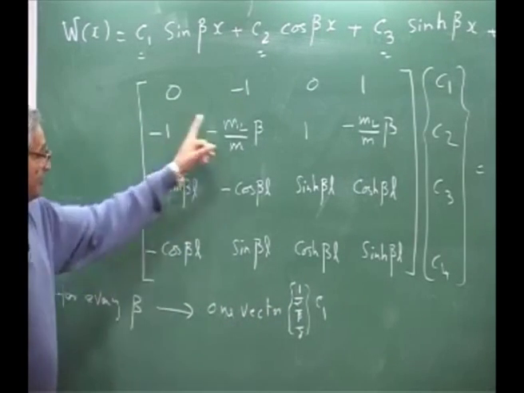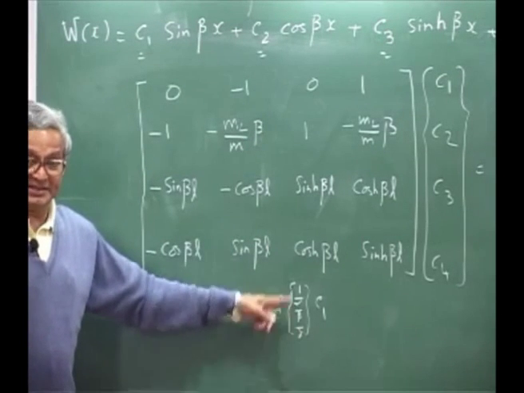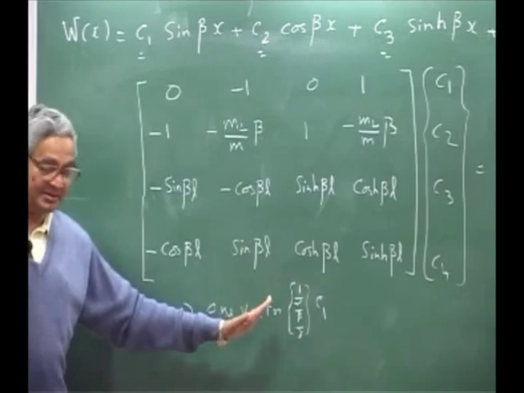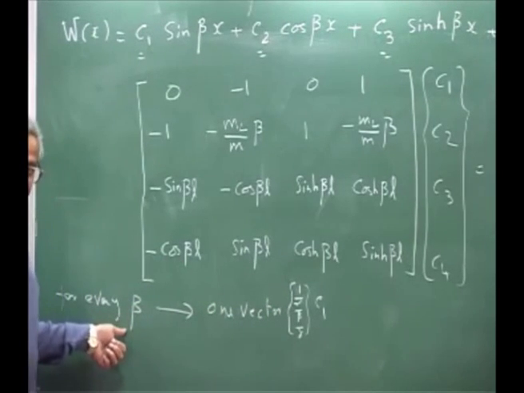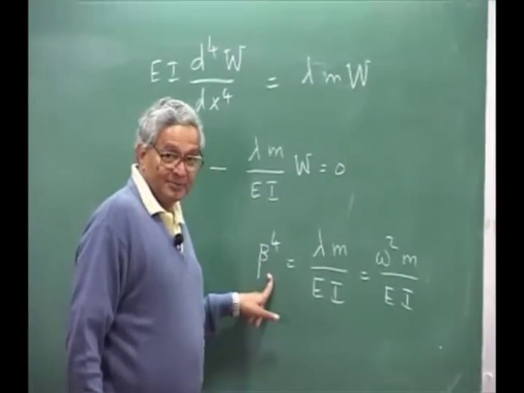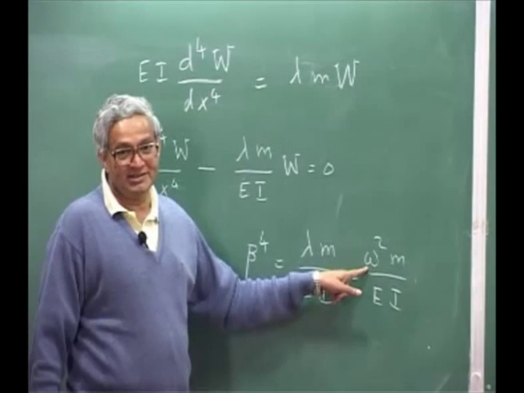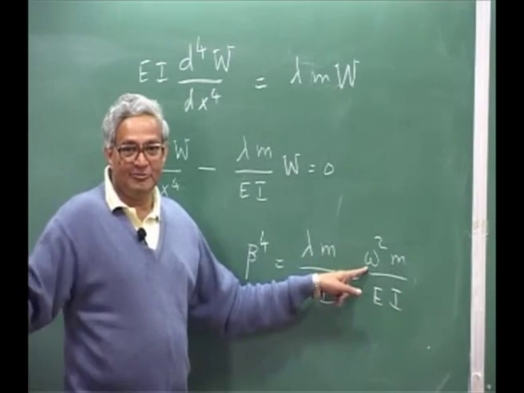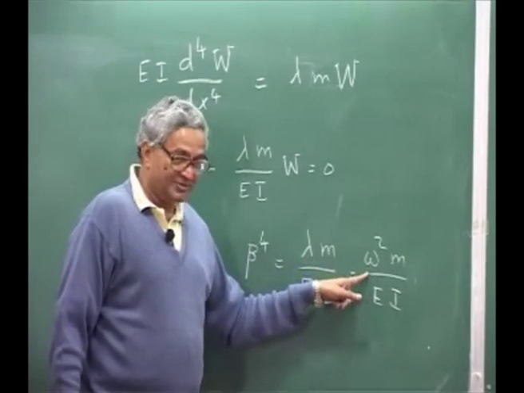For every value of this beta, you will get one eigenvector. You may call it eigenvector here, but actually this is your beta. If you go and substitute, you will get the corresponding omega, which is the frequency of vibration of the system. You will get the frequency.